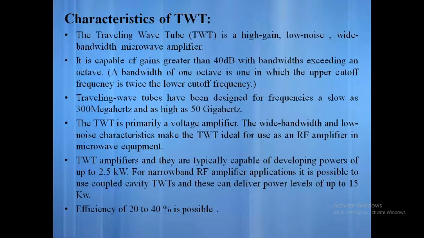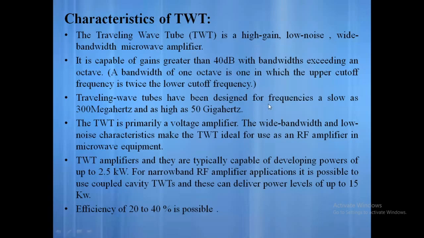Now let us see the characteristics of the traveling wave tube. The traveling wave tube is a high gain, low noise, wide bandwidth microwave amplifier. It is capable of gains greater than 40 dB.